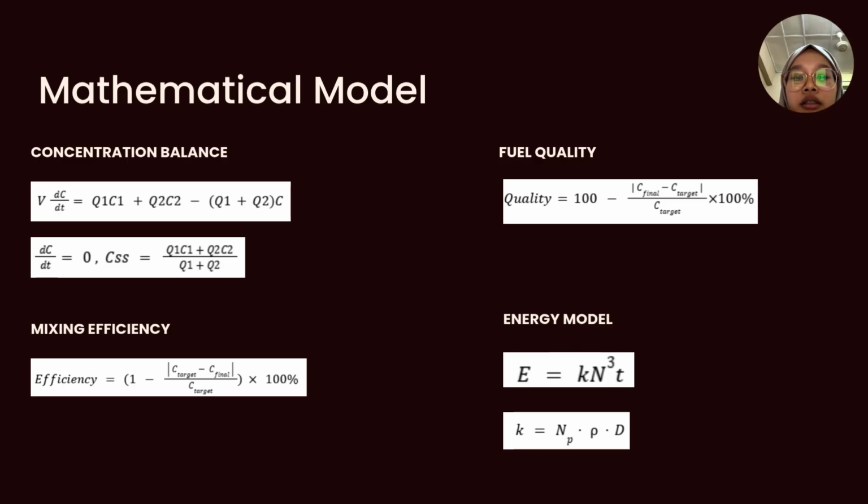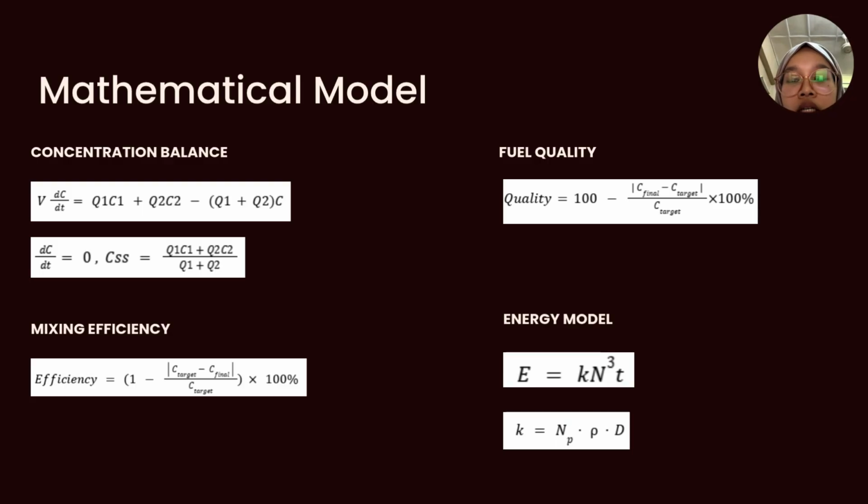So let's focus on the mathematical formulation. We have four units that we focus on: concentration balance, fuel quality, mixing efficiency, and energy model. First, the concentration balance equation is V dC/dt equals Q1 times C1 plus Q2 times C2 minus (Q1 plus Q2) times C. This defines how octane concentration changes in the tank.